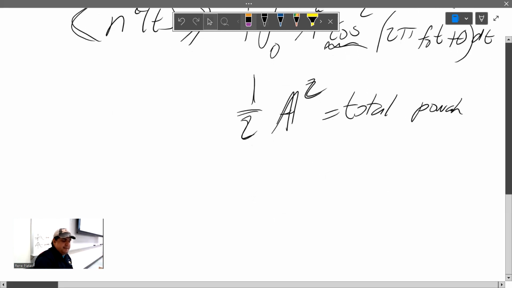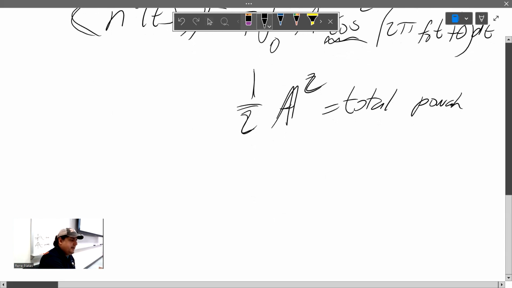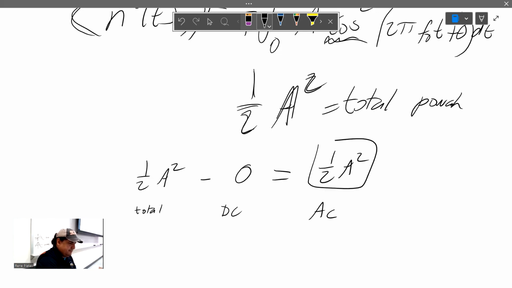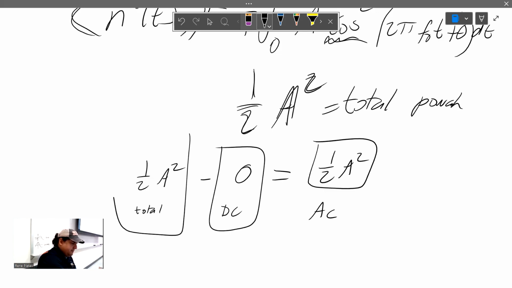Our AC power is going to be... sorry, this is our total power, 1/2 a squared. Minus 0, which is our DC power, equals AC power, which is going to be a squared. Those are the 3 values that we're interested in for this particular problem.